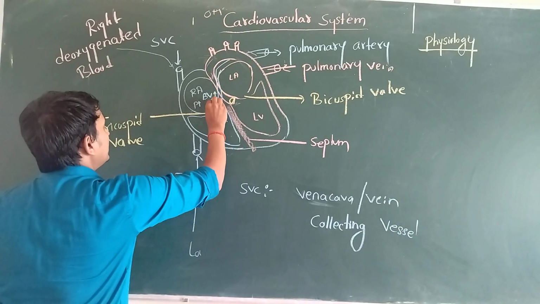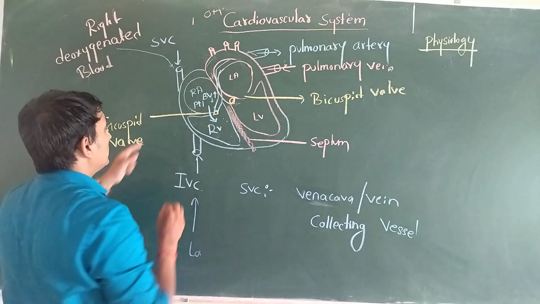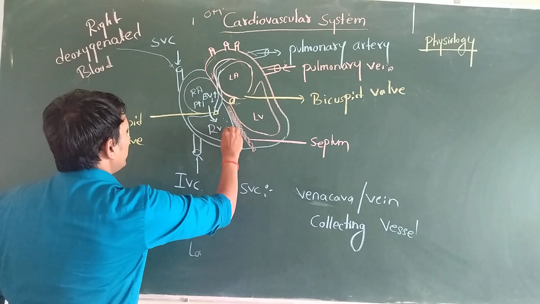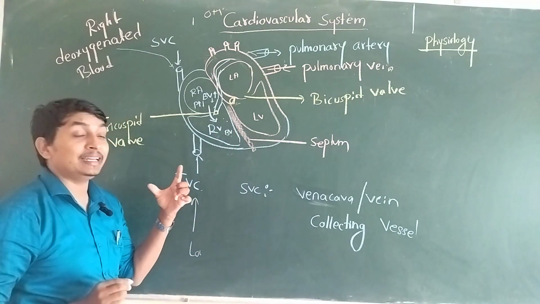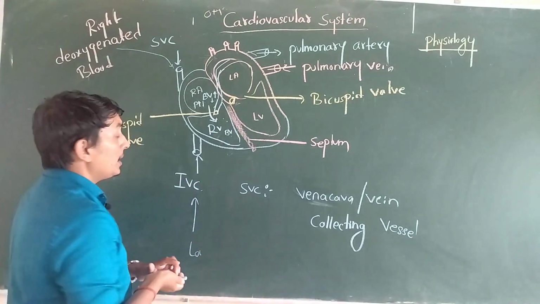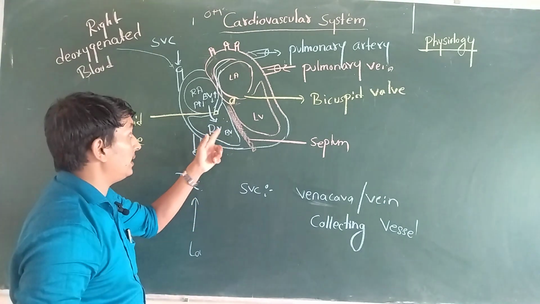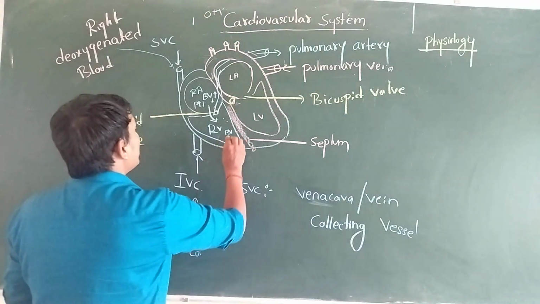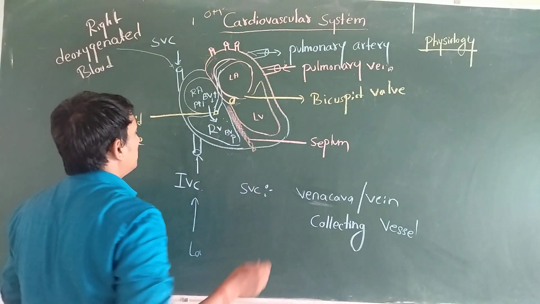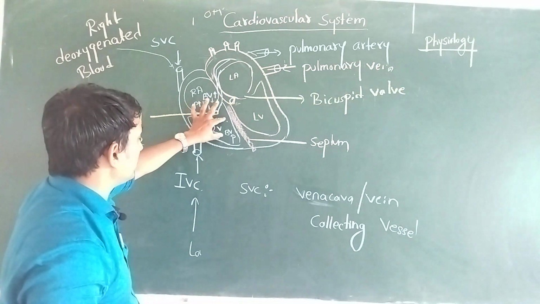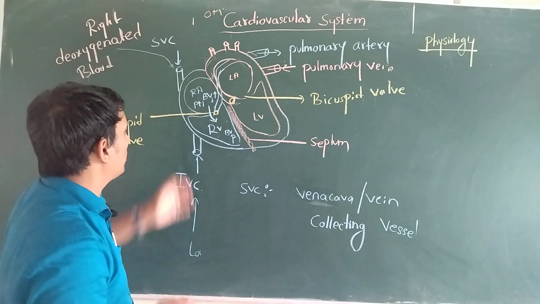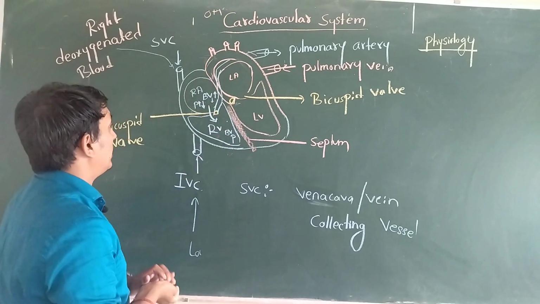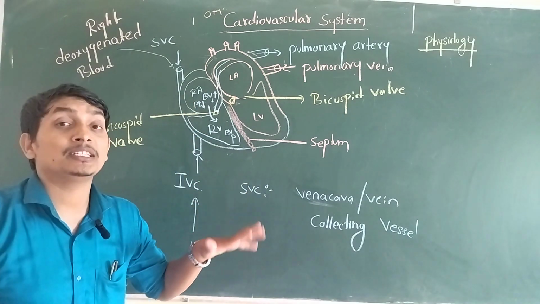Here the blood volume decreases, and the pressure decreases because the blood has already moved downward. In the ventricle, the blood volume increases. Now the ventricle starts contracting, and the ventricle is also the larger chamber, so the pressure inside it becomes very high. Here the pressure is low because the blood has moved downward, and after contraction the atrium starts relaxing.